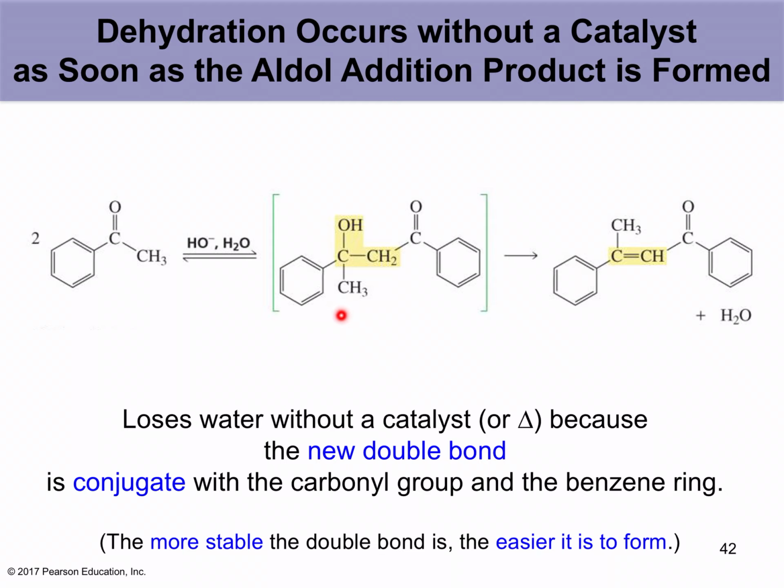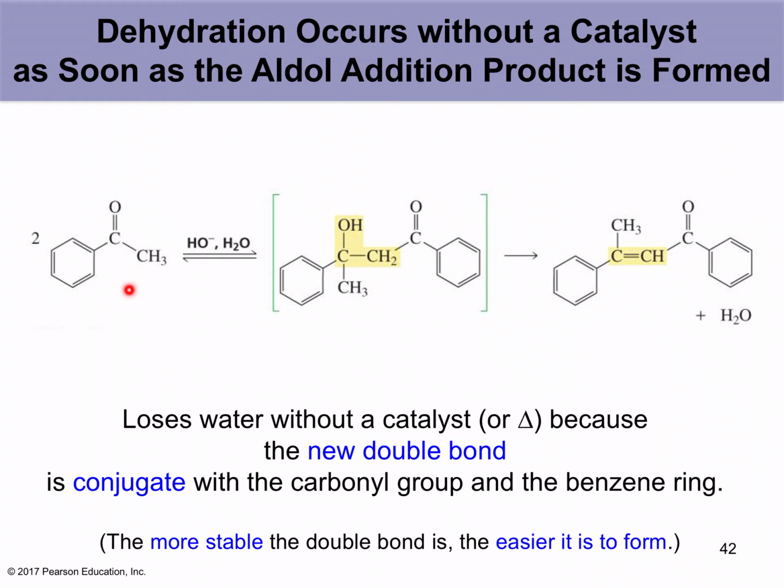It will quickly remove a water molecule without any additional effort and reform the alpha beta unsaturated compound. That is when the pi bond of the carbonyl group is further stabilized through conjugation to the benzene ring. It has added stability due to that extended conjugation throughout the benzene ring.